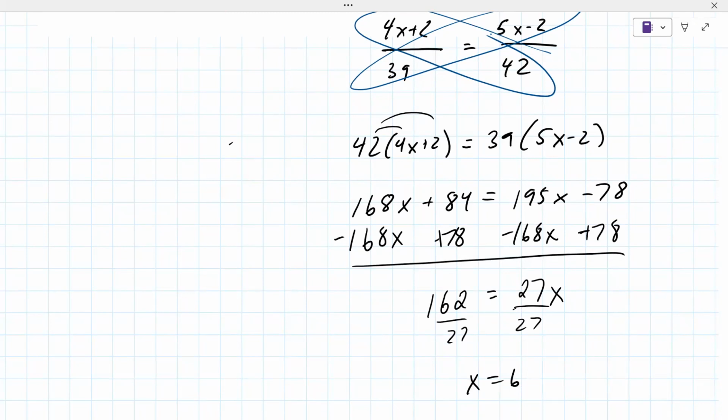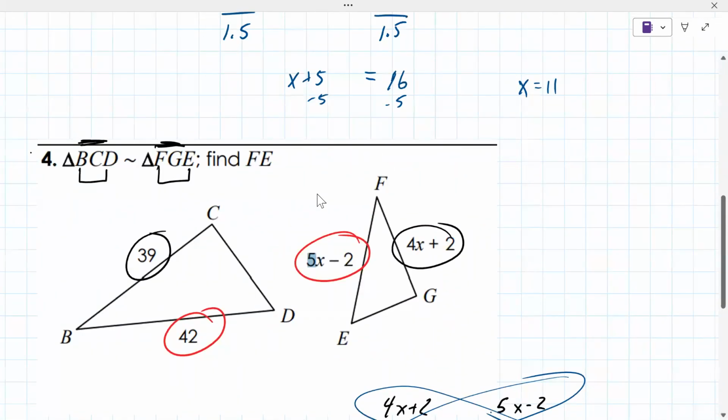That's 6. Yep. Very good. I wasn't paying attention. This one is more than finding x. You've got to find FE. So FE is 5x minus 2. 5 times 6 minus 2 is 28.